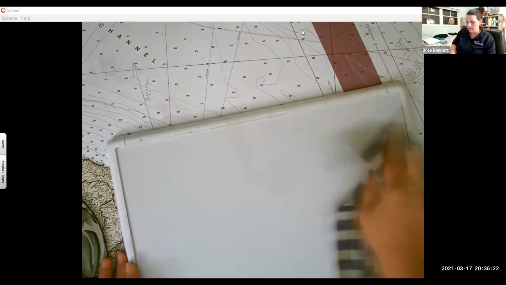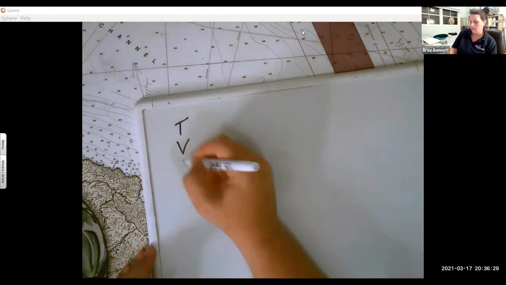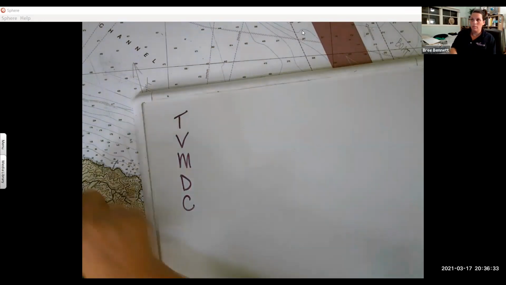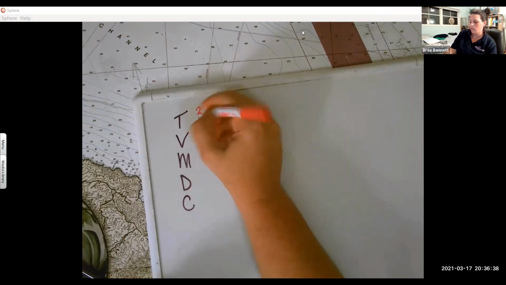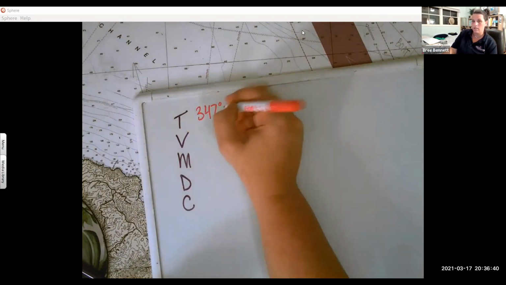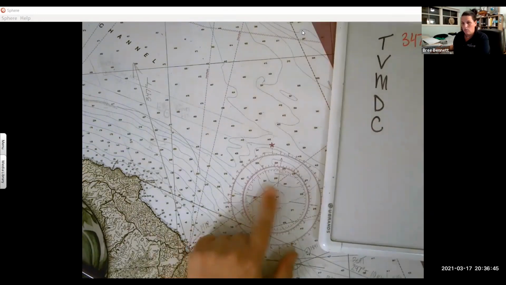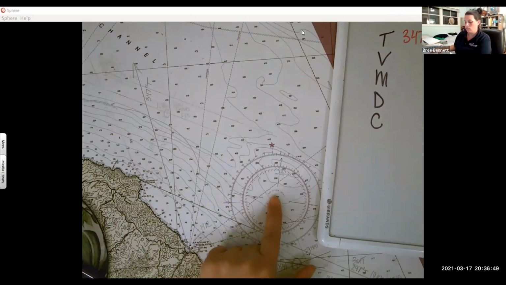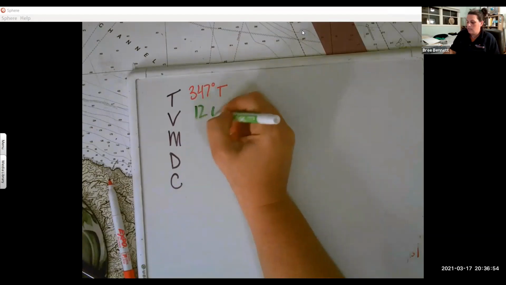What is 347 per standard compass? So TVMDC, we're remembering this, right? Our true was 347. Variation we get from the compass rose. 12 east.